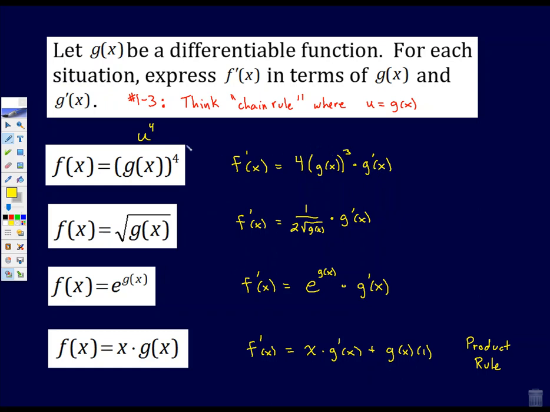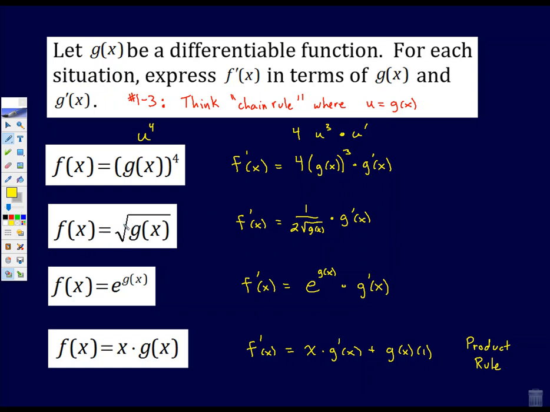So this is similar to the simpler form, 4u to the third times u prime. But u is the stand-in for g of x, so it's 4g of x cubed times g prime of x. The other two coming after that work the same.